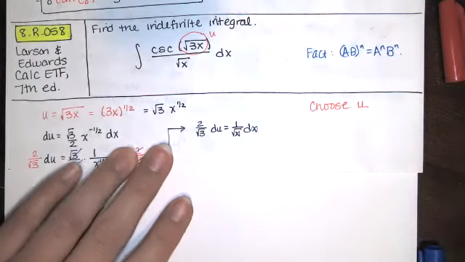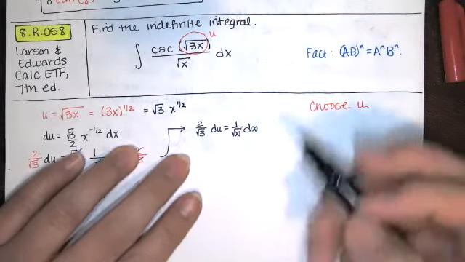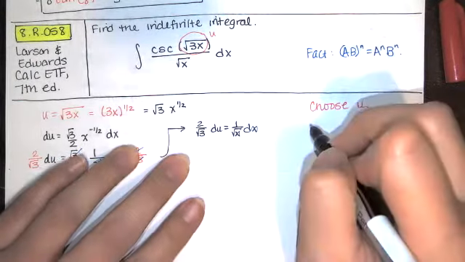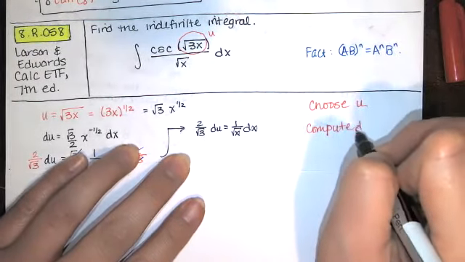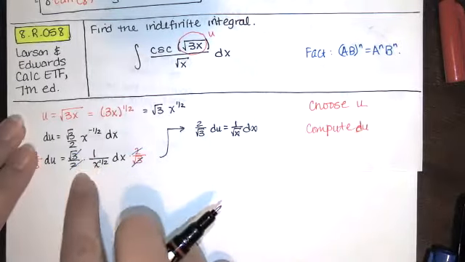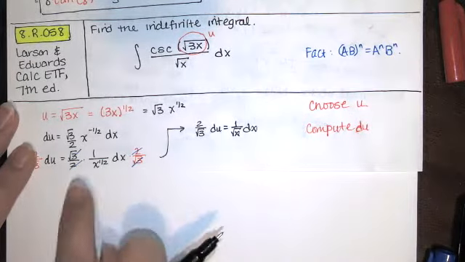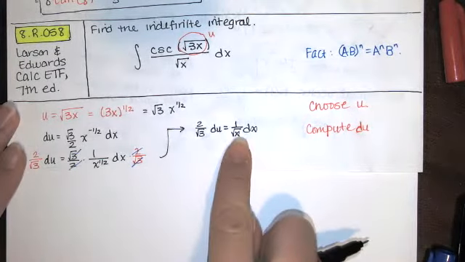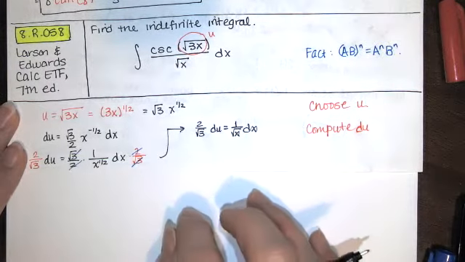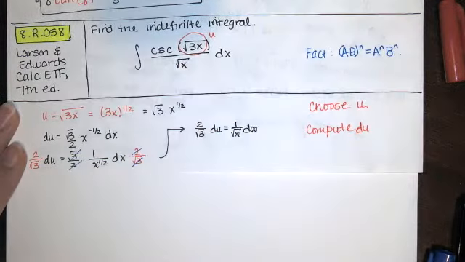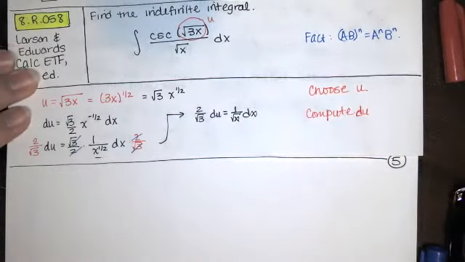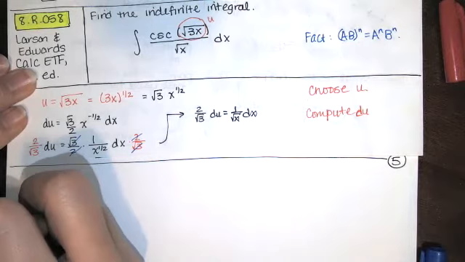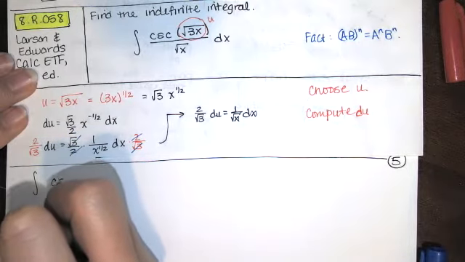So we chose u, we did a little bit of algebra to simplify, then we computed du, and then we said we don't have this square root of 3 over 2 as a factor up here, so let's get rid of it by multiplying by the reciprocal. We ended up here, and now I'm ready to write everything in this integrand entirely in terms of u. So I'll do that, and I think I'll factor this a little bit as well.